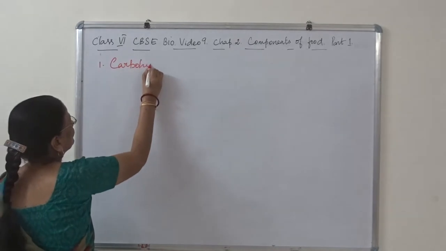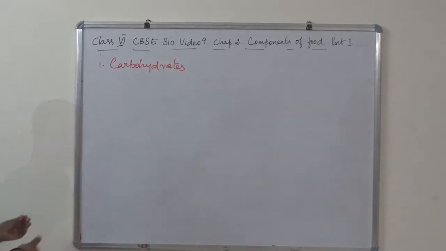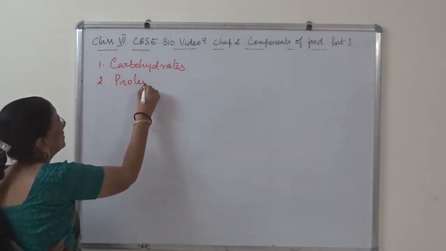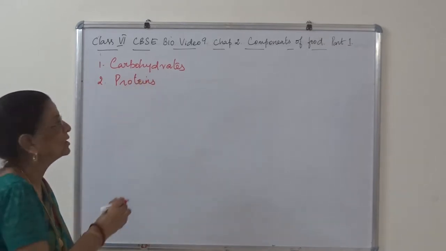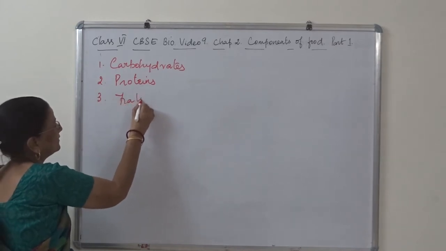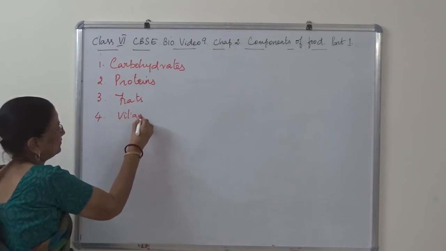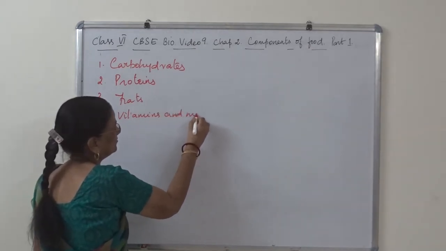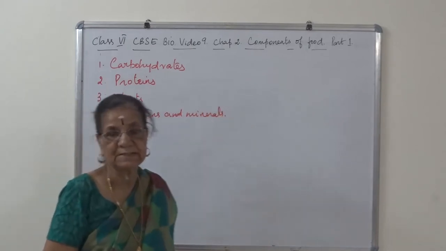Today, in this components of food, we come across the components as first carbohydrates, and then proteins, and the third one is fat, and fourth vitamins and minerals.